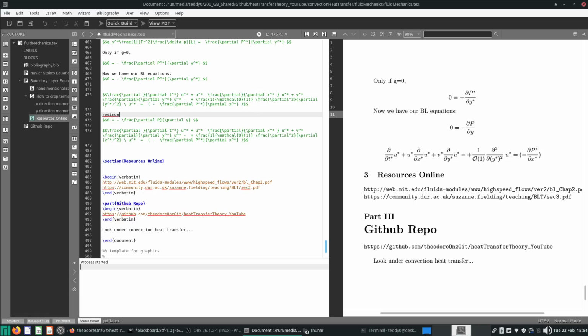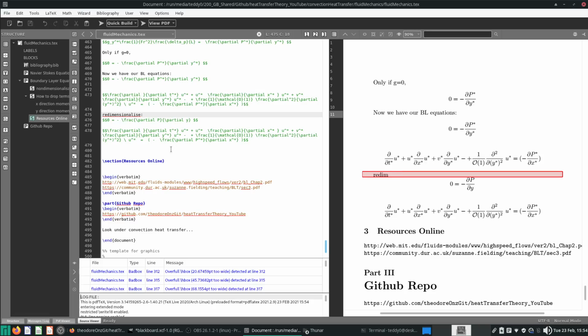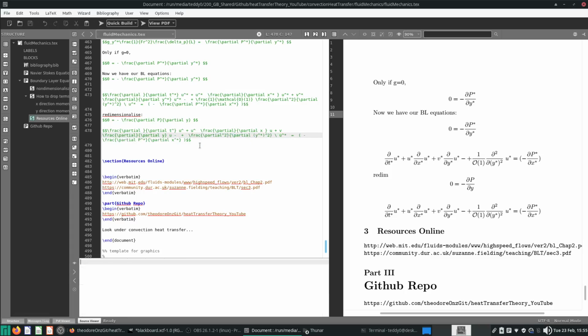I just call it re-dimensionalization. And then we'll just remove all the stars there, because more or less the equations are the same. Of course, we get rid of the order of magnitude of 1, because that's not really important anymore. This whole analysis is just for us to systematically see which terms we can cancel and which terms we should leave.